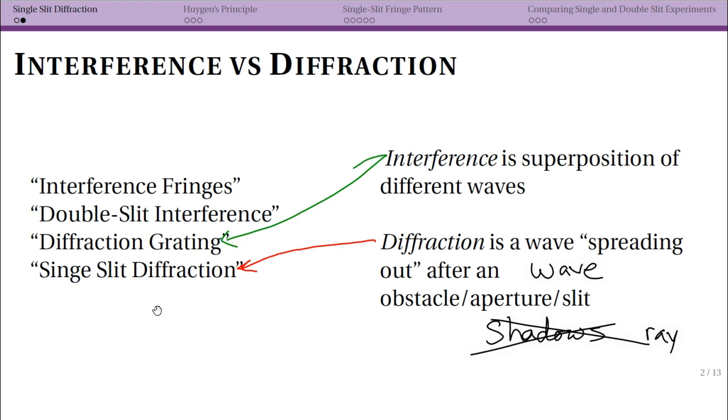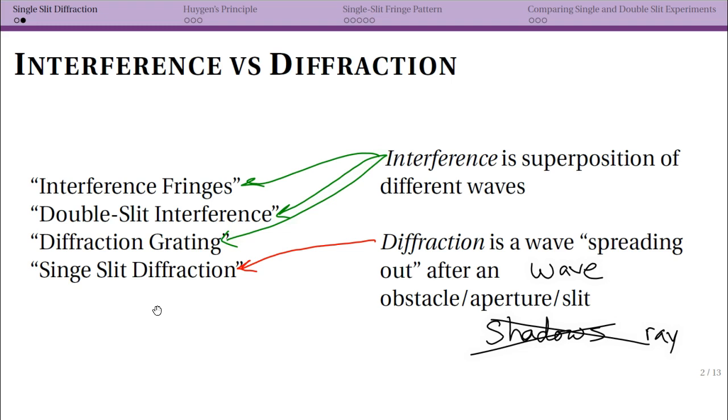Double slit interference is very much an interference phenomenon. If you call it double slit interference, there you go, it's in the name. If you call it double slit diffraction, that's not really what's happening. Again, it's not a diffraction phenomenon. When we talk about interference fringes, we're usually talking about interference.